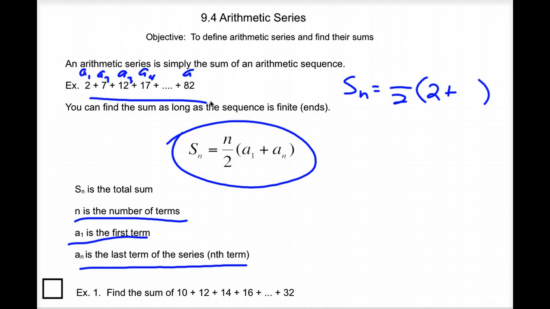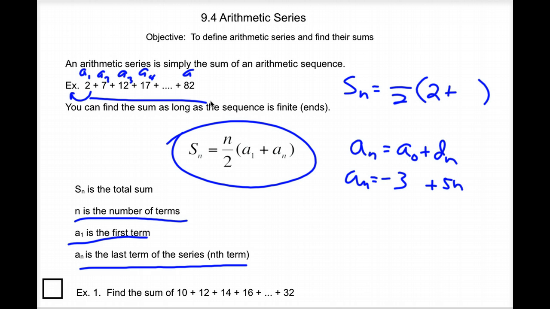I use the arithmetic rule I gave you: a sub n equals a sub 0 plus dn. This pattern goes up by 5s. That's my d. And a0 would be the term to the left of the first term, which would be 5 left, or -3.